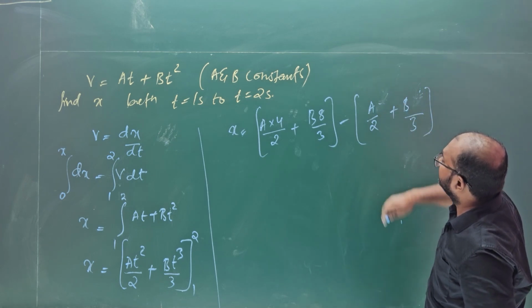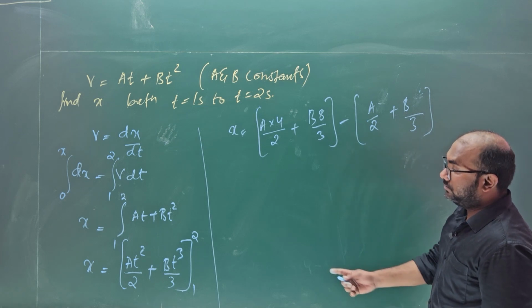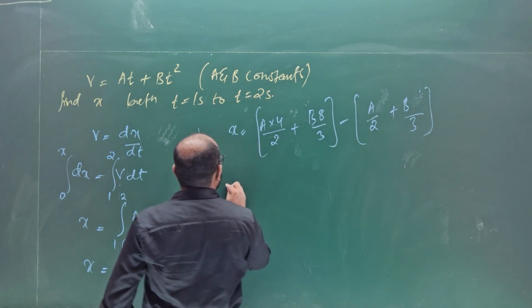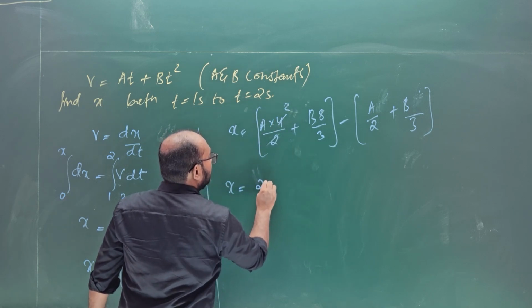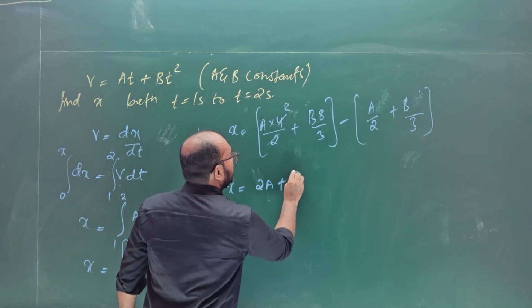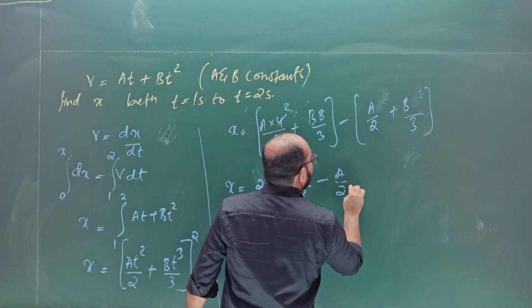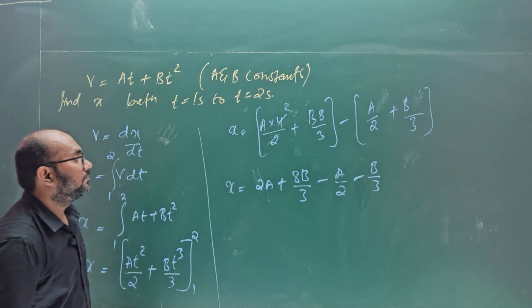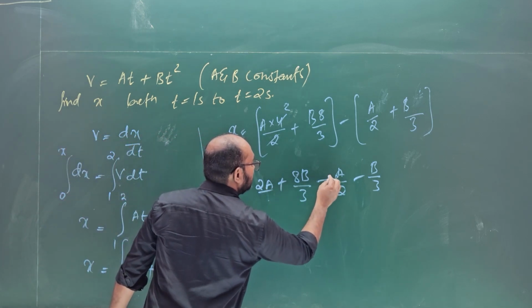Okay, now t value is 1 at the lower limit. That's the reason I didn't mention anything. So x is equal to 4 divided by 2, that cancels, 2a plus 8b upon 3 minus a by 2 plus b upon 3. Sorry, this also becomes minus. Solving that, solve this.